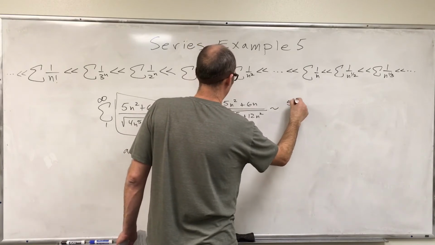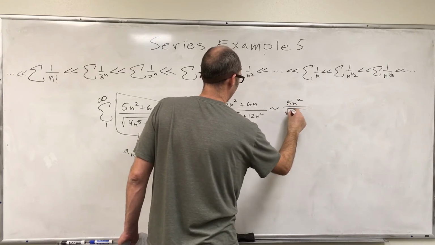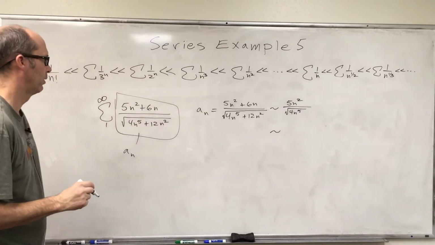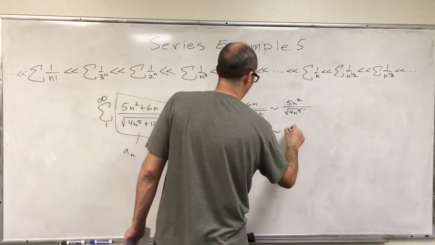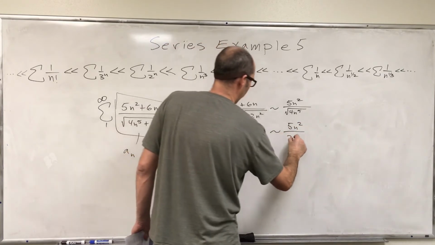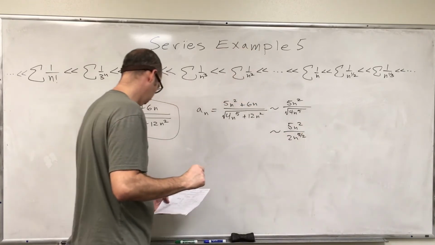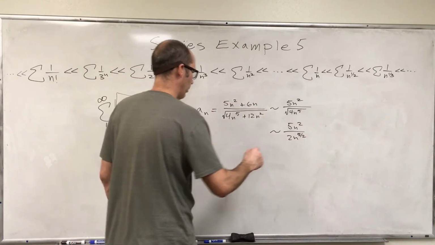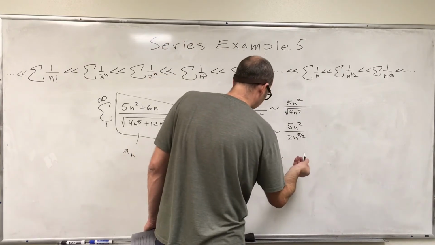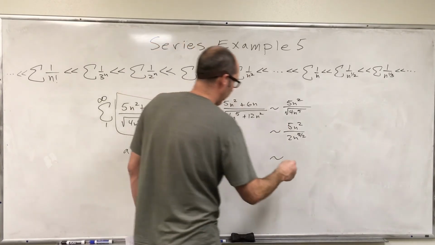We've got 5n squared over root 4n to the fifth. Let's see, that's 5n squared. That's 2n to the 5 halves. Remember that the constants don't really affect things much, so we can get rid of the constants.